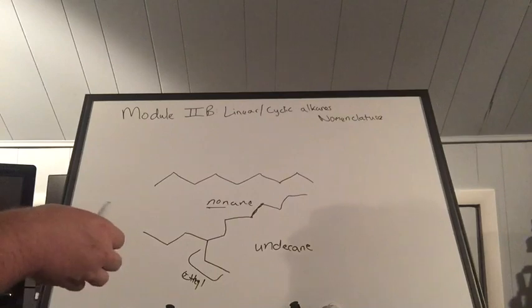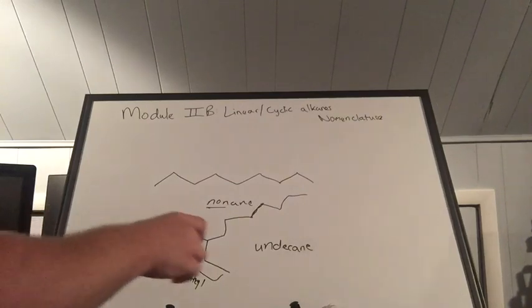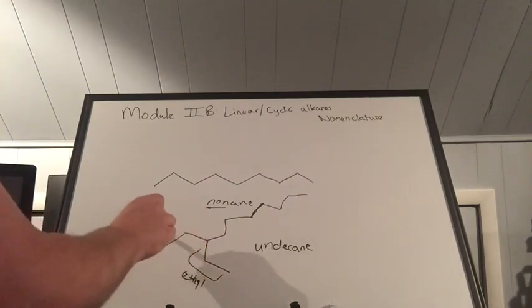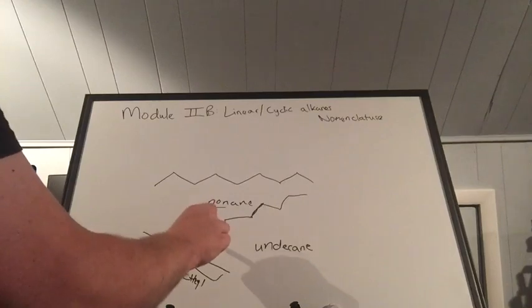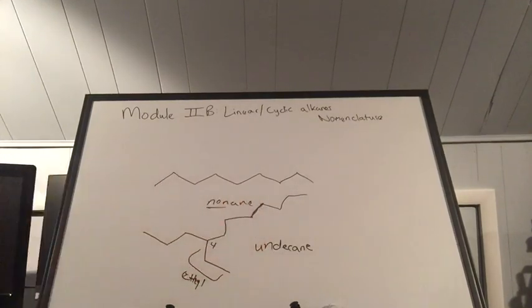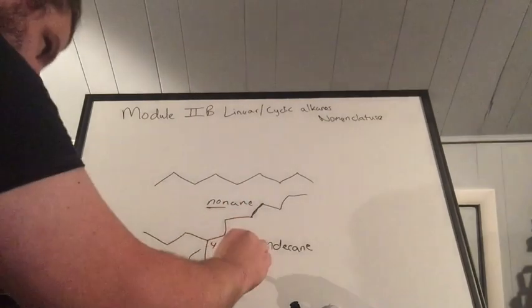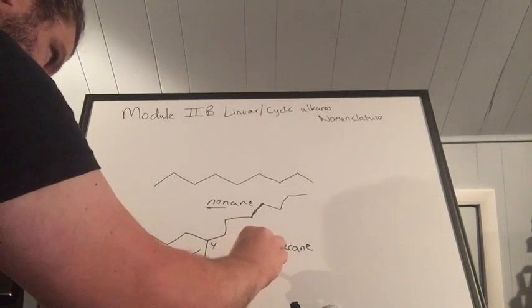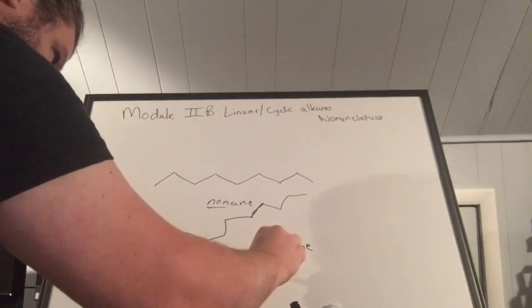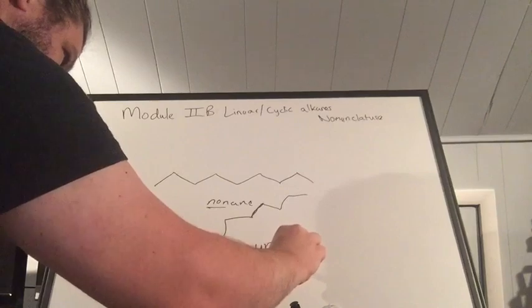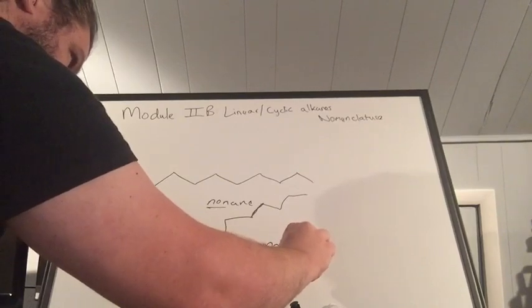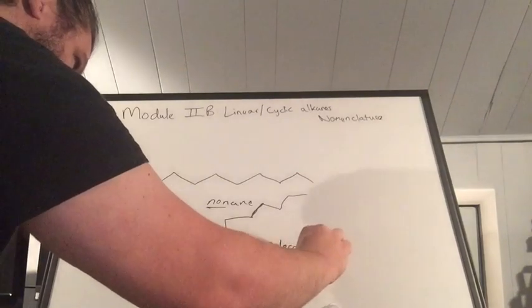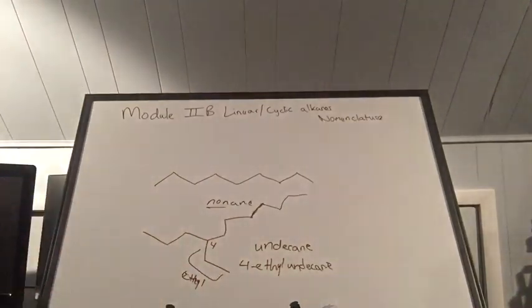Okay, so this is going to be 1, 2, 3, 4 ethyl undecane. Okay, so there is an example of a branched hydrocarbon.